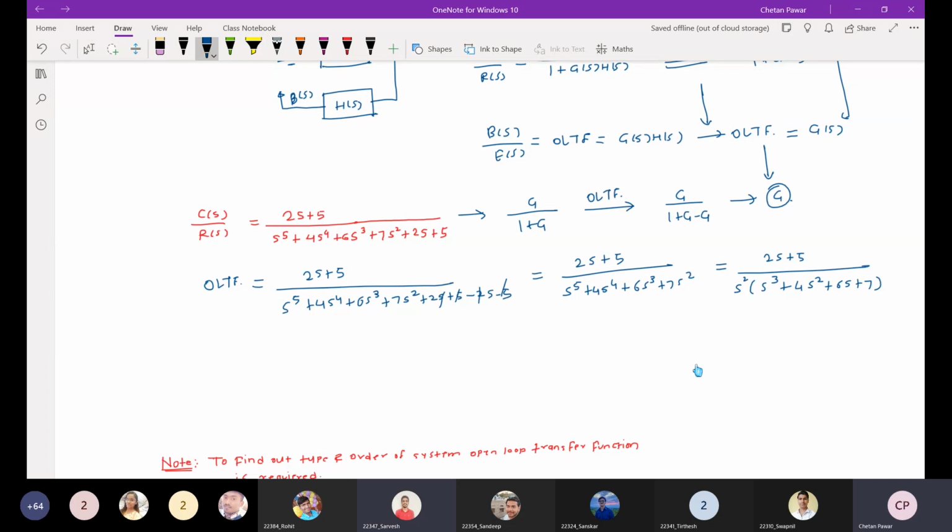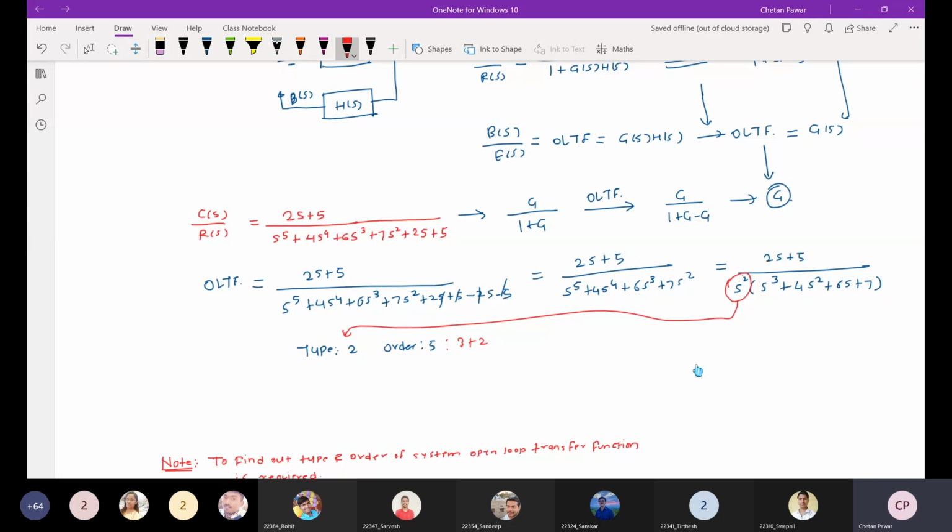Sorry, type is 2, order is 5. Type is 2, order is 5, right? Number of poles at origin is 2. And total number of poles in the S domain, that will be 3 plus 2.